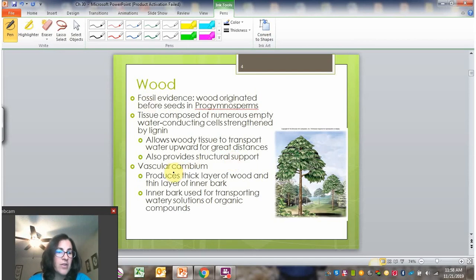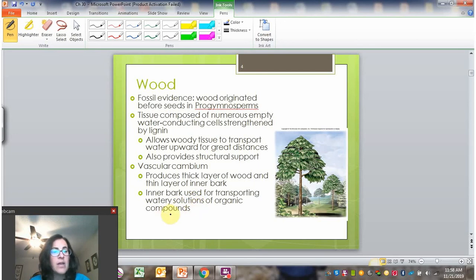There's a lot about the structure of wood that we're not going to get into in all the detail, but there is something called the vascular cambium that is the part of the wood that is regenerative. It produces a thick layer of wood on the interior and a thin layer of inner bark, and it's actually the inner bark that can transport watery solutions of organic compounds.